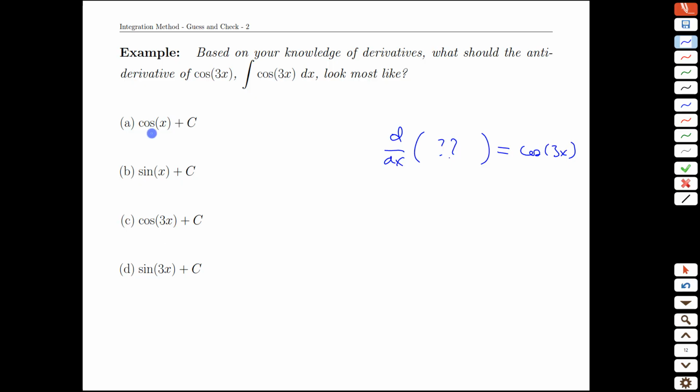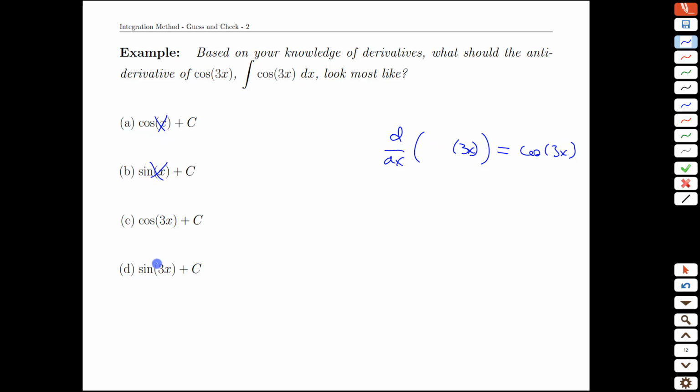All right. Right off the bat, if we're going to have a 3x inside the function, we have to have a 3x on the inside of whatever we're going to start with. We can't have just x, because that will never increase the coefficient inside the function. The chain rule, the derivative rules just don't work that way. So that rules out the first two options.